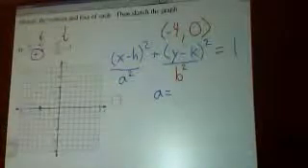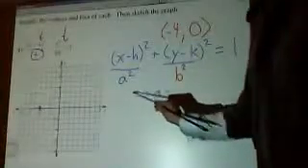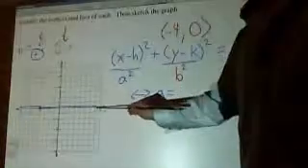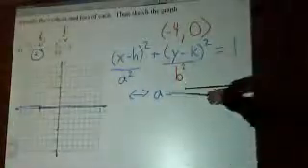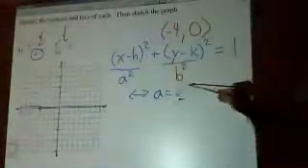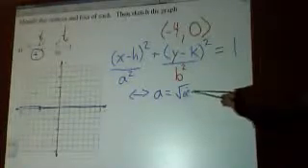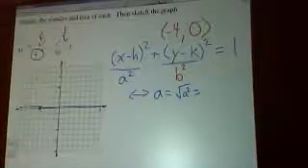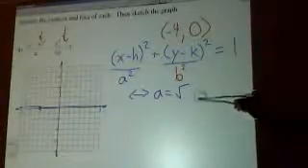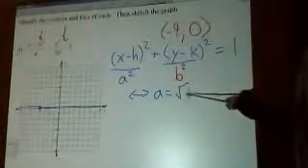So this is going to be our left and right axis of our ellipse. We're going to find out how big that has to be. To get A, you have to get the square root of A squared. And what's A squared in this case? We look over here, because A squared is the number underneath X minus H. So we see 4, so I'm going to put 4 in.